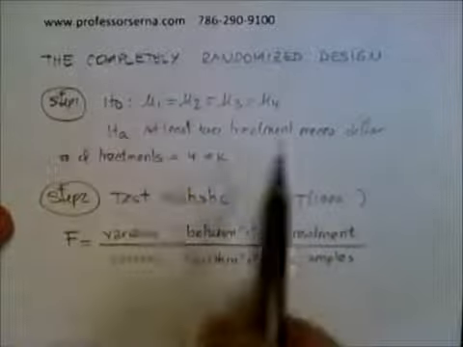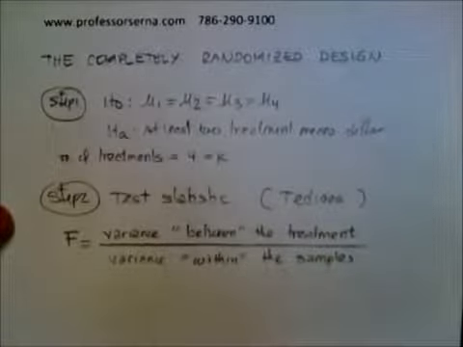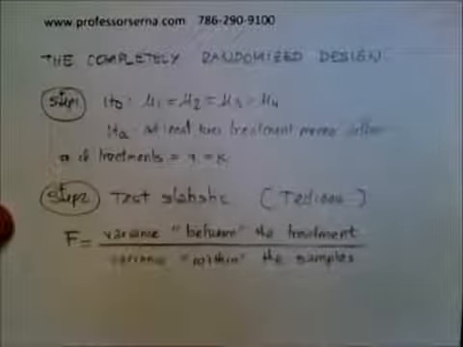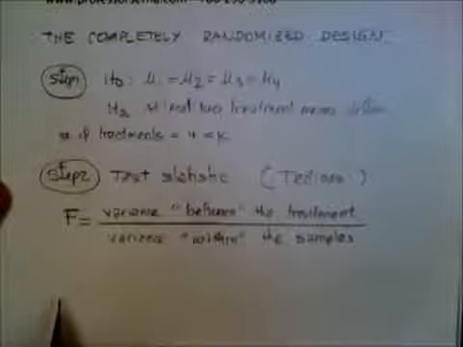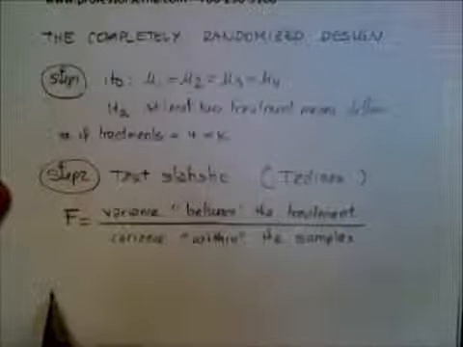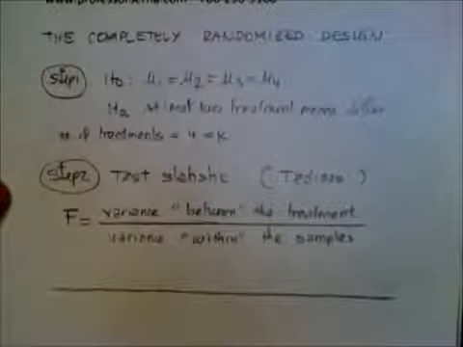I know that ANOVA is a hypothesis test to compare more than 2 treatment means, more than 2 populations. But for this example, let's say that we only have 2. Let's say that we have a group of boys and a group of girls. And let's say that we gave them some test, and we have the scores for the boys and the scores for the girls.